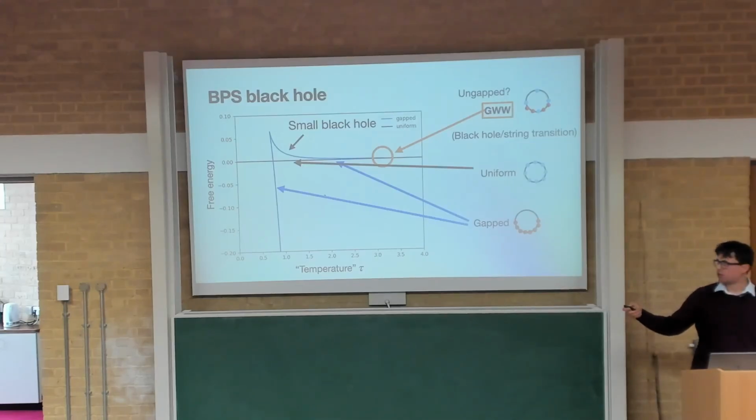And our argument that the Gross-Witten point should be around here was based on field theory analysis. So our prediction for the thermal black hole was that the Gross-Witten-Wadia point could be at the cusp or somewhere along the small black hole. And then because the BPS black hole phase diagram looks just like the thermal black hole phase diagram, we reasoned by analogy that it should be the same.